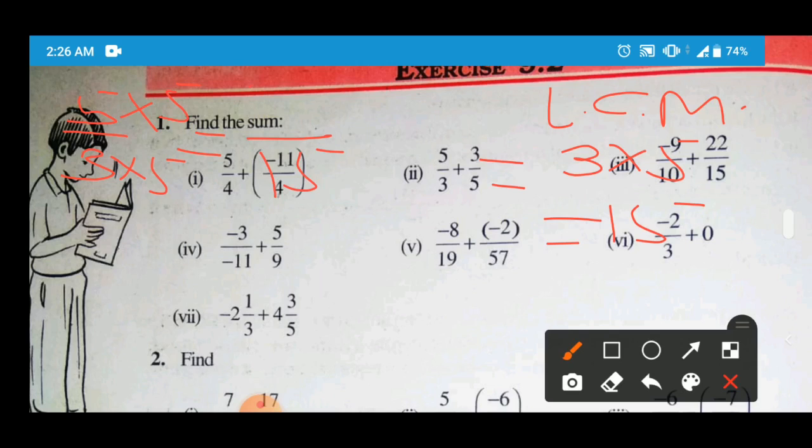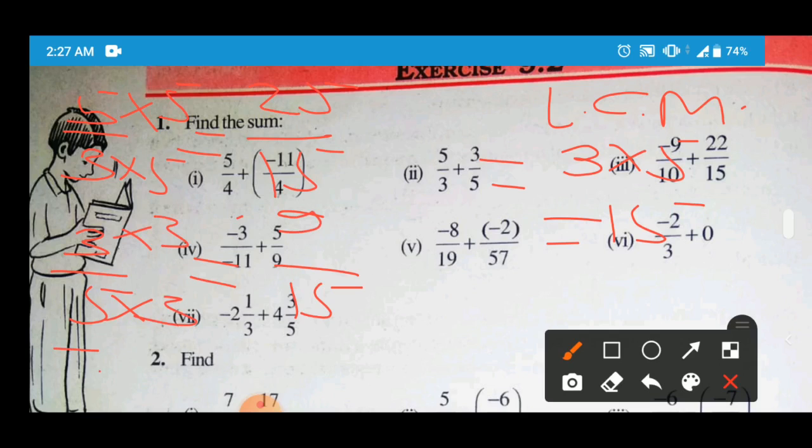So it is 5 5s are 25. Now the next number is what? That is 3 upon 5, and again we need 15. So 5 3s are 15 and 3 3s are 9. Now it shows the first number 25 upon 15 and the second number 9 upon 15.